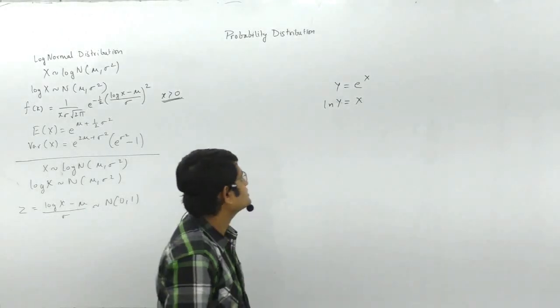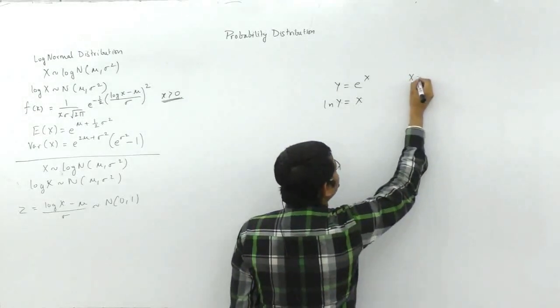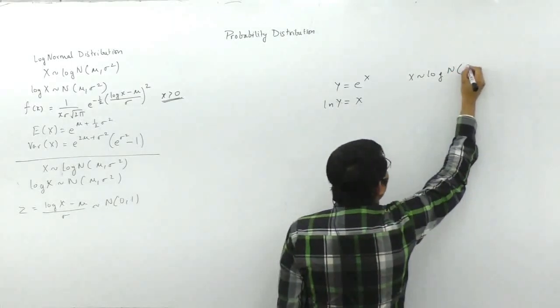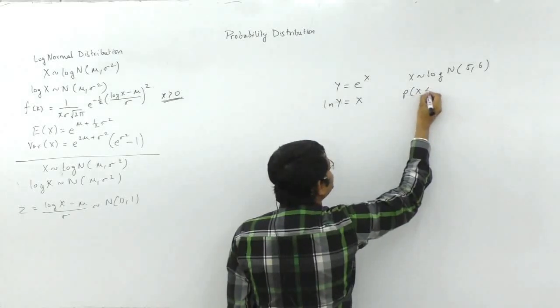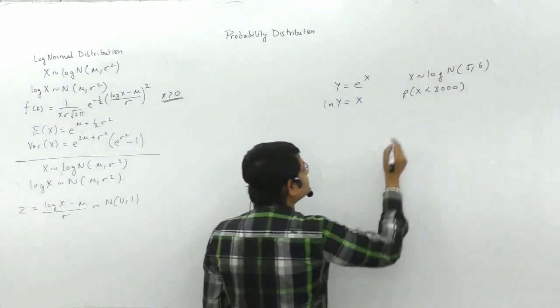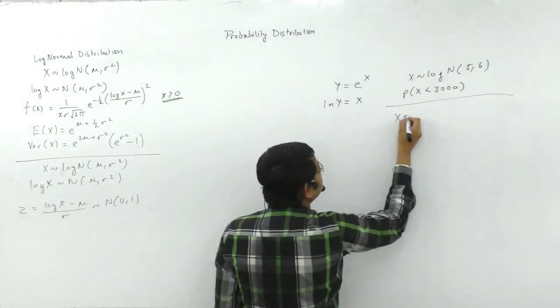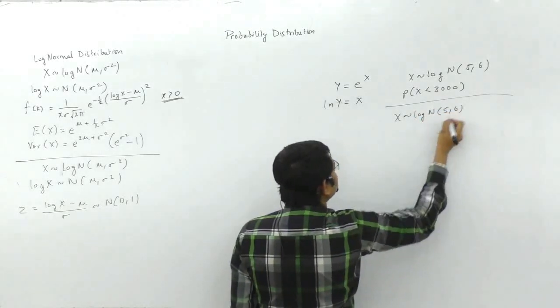Now let's take an example. If I have x follows log normal distribution with 5, 6, and we need to find probability x less than 3000. Now for this, first of all, we'll write x follows log normal 5, 6.